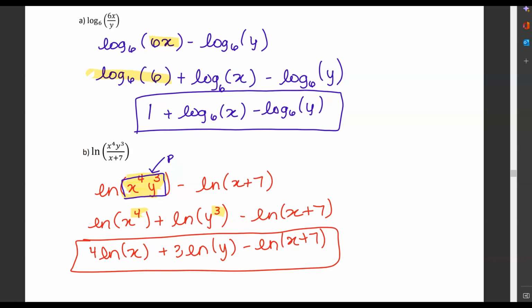This is our product rule. I used the wrong P word. Here we have the power rule that we can use, and so we can bring both of these to the front. And so our final answer is 4 times ln x plus 3 ln y minus ln of x plus 3.